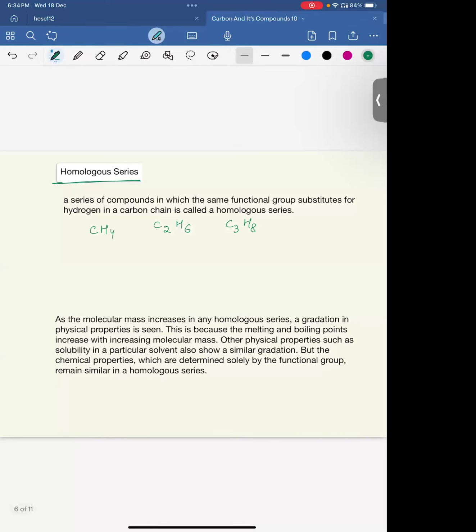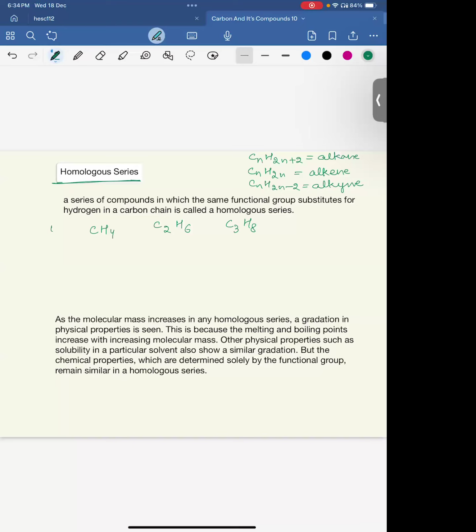You know this concept. Have you been taught the general formulas for alkane, alkene, and alkyne? Yes, ma'am.